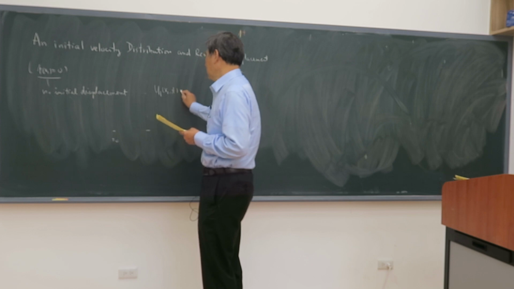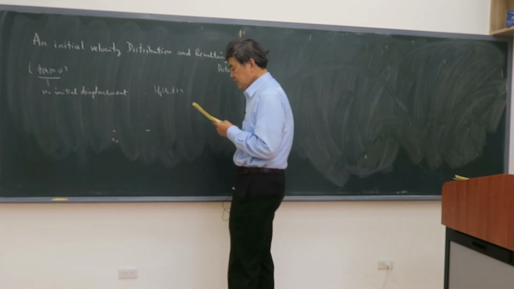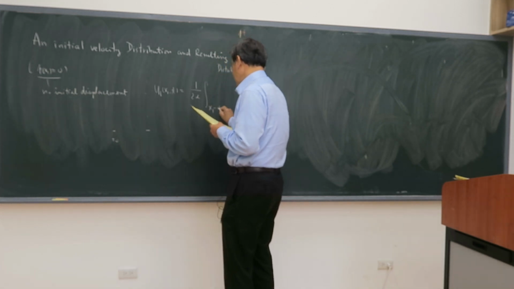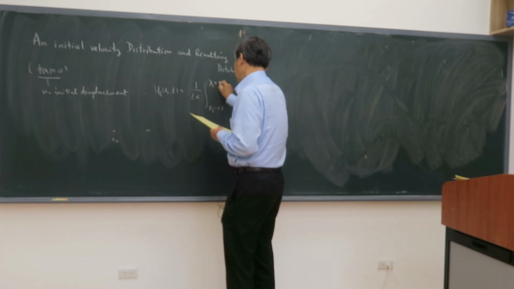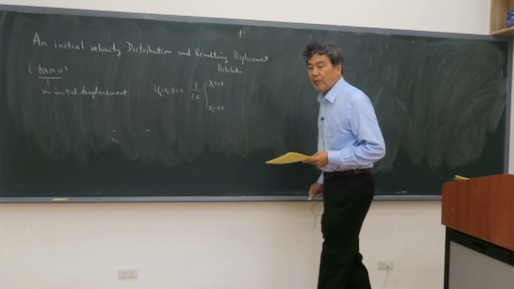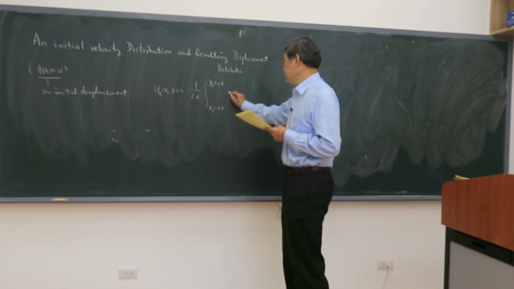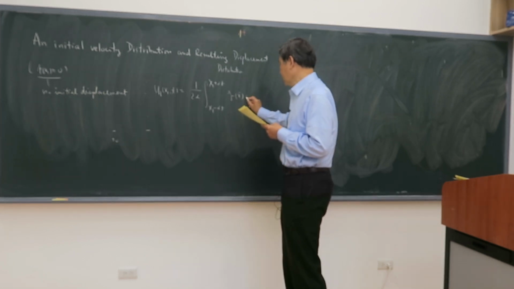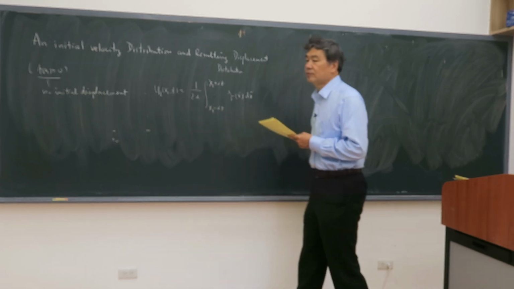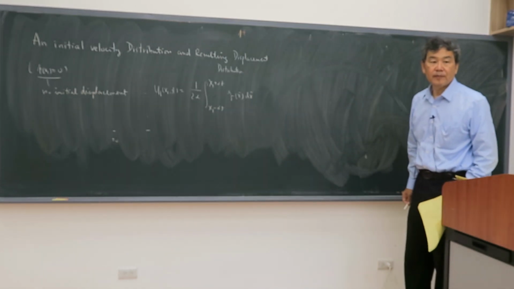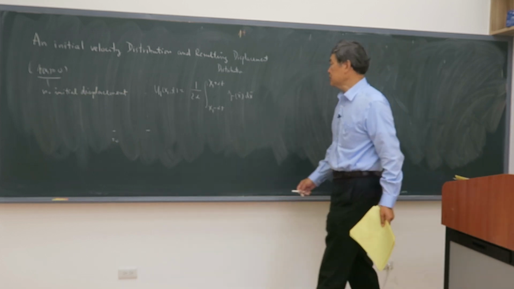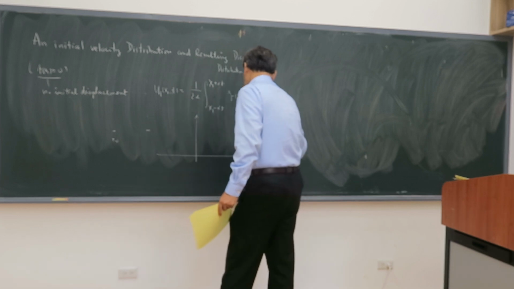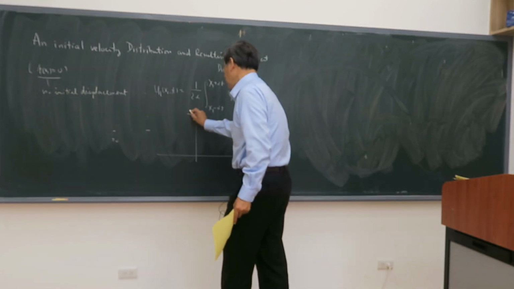At any point, any time, its displacement depends only on the part from x1 minus alpha t to x1 plus alpha t. This is the domain of dependence, and its initial velocity distribution along the domain, x bar, we integrate. So this is the x1 axis, this is the t axis.